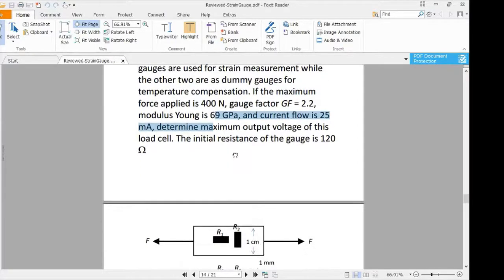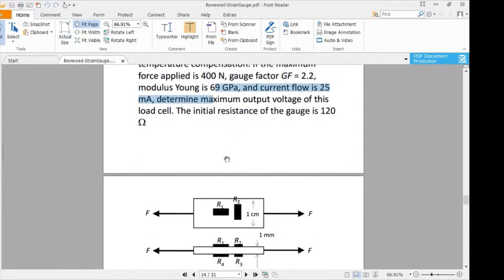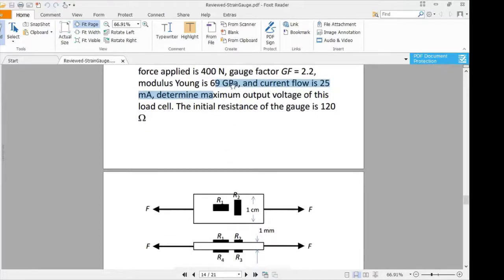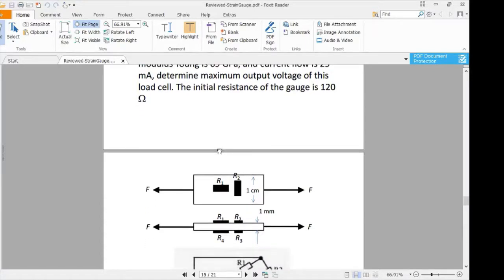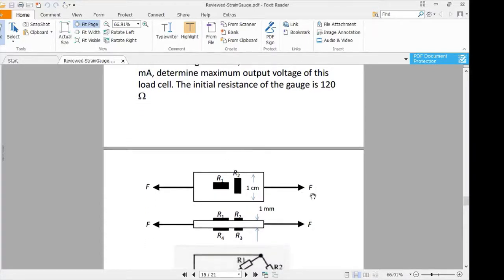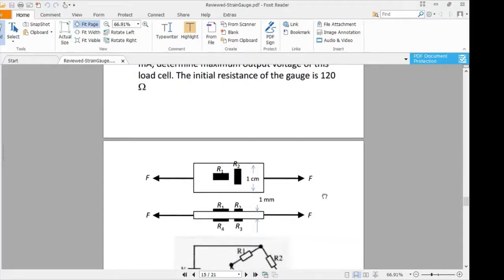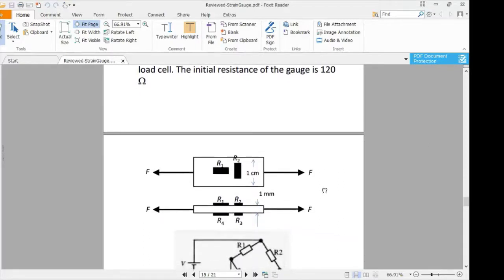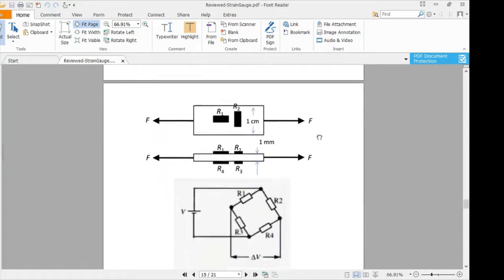Let's say the maximum force applied is 400 Newton, the gauge factor GF is equal to 2.2, the Young's modulus is 69 gigapascal, and the current flow is 25 milliamp. You are asked to determine the maximum output voltage of this load cell. Let's say the initial resistance of the gauge is 120 ohm.